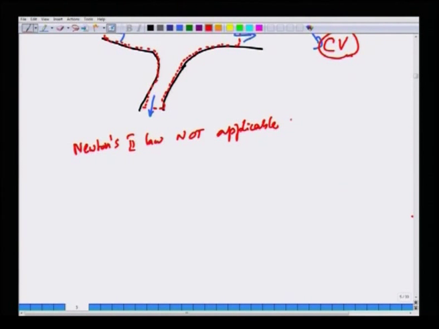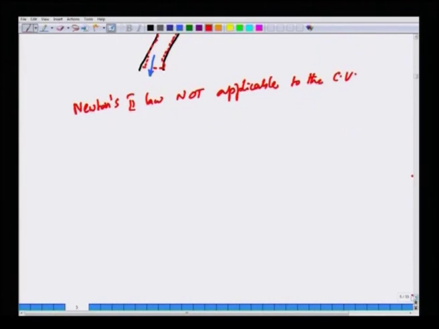So, Newton's second law is not directly applicable to the CV. Therefore, we need to find a way to relate quantities such as acceleration of mass present in the CV to quantities that are present in the CV.